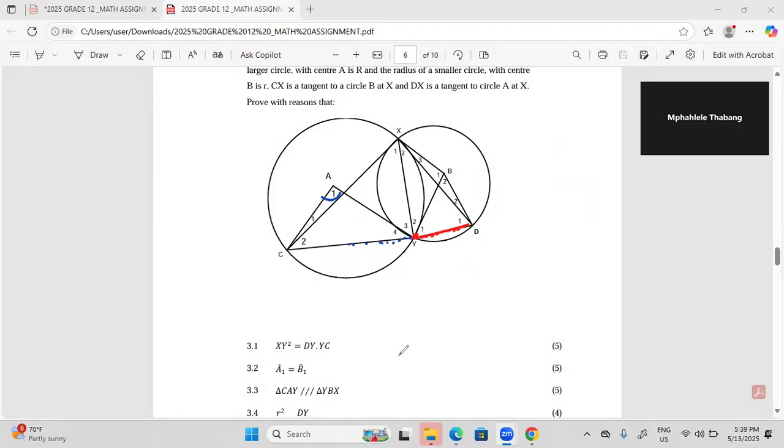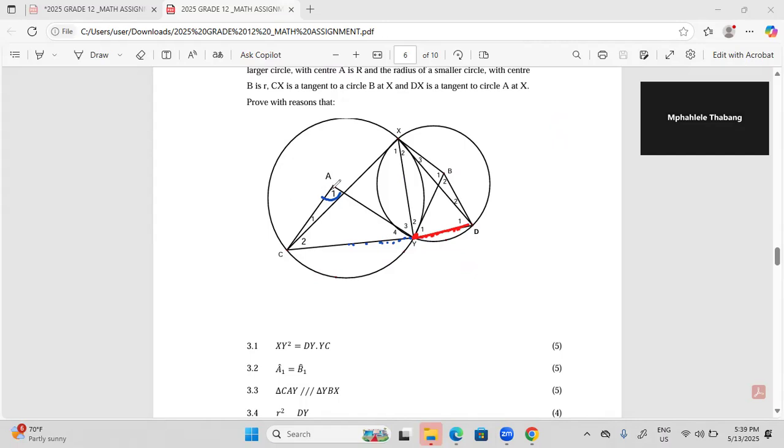Okay. 3.2, A1 equals B1. I did not talk about the angle at the center. They told us that A is the center. Once they mention the center, you also have to look out for the angle at the center. So A1 is the angle at the center. And what subtends this angle A1?